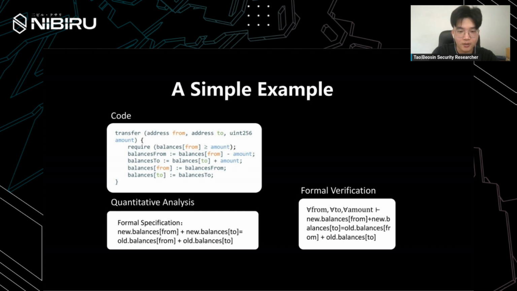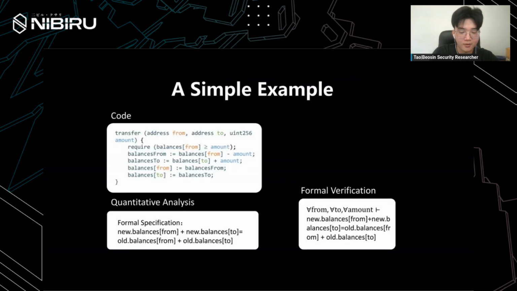For any sender and any receiver, sending an arbitrary amount of tokens, the new balance addition of the sender and the receiver will equal the previous balance addition of the sender and the receiver. So that's the case that we can remove the bugs in the code.